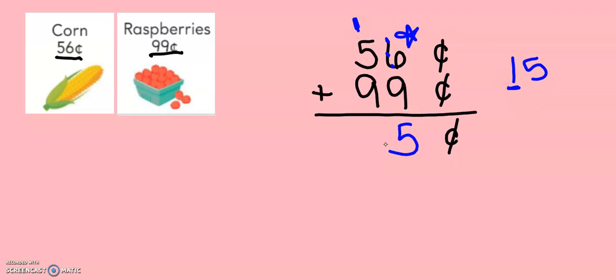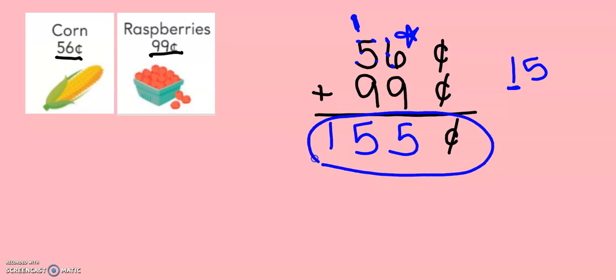The 5 ones go to the bottom. 9, 10, 11, 12, 13, 14, 15 again. So when I add those two items up, the corn and the raspberries would cost me 155 cents.